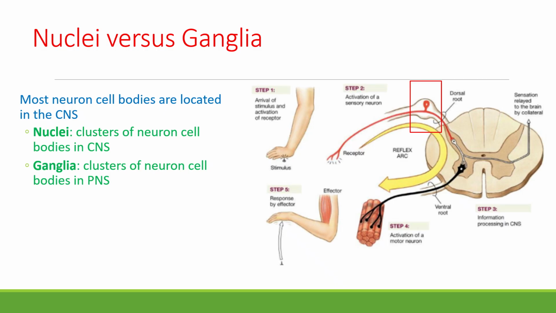When we're talking about a cluster of neuron cell bodies in the central nervous system, we call it a nuclei, so in the brain and the cord. When we're talking about a cluster of neuron cell bodies in the peripheral nervous system, we call it a ganglion. So they're the same thing. They're just groups of cell bodies of a neuron. It's just where they are located.